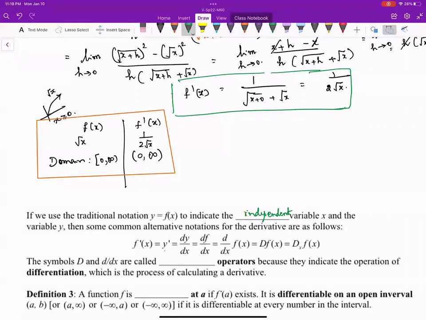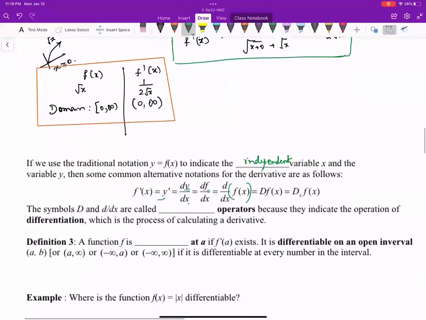f prime of x is y prime, and it can also be written as dy by dx, the derivative of y with respect to x, or df by dx, because y is after all f. Or you can also write d by dx of f of x. Or you can use an operator, uppercase D of f of x, or uppercase D sub x of f of x. The suffix x stands for derivative with respect to the variable x.